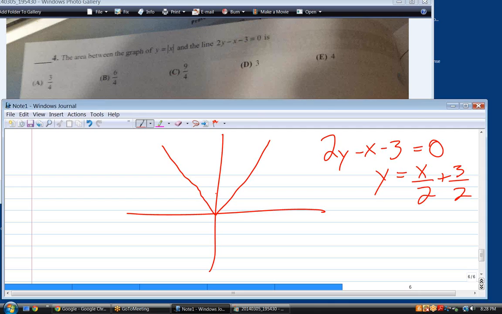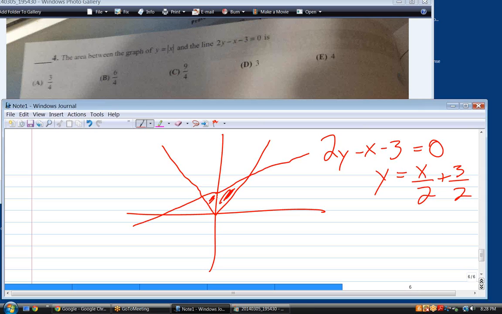So it has an intercept at 3/2 and a slope of 1/2. Well, at least here the area is all positive. We're looking at this area right here.